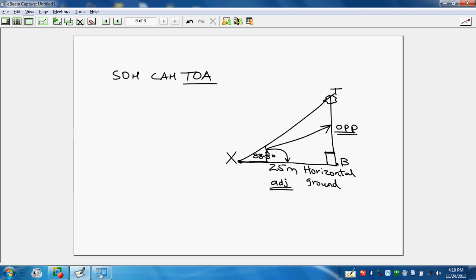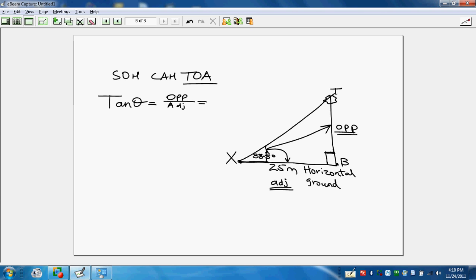Sine doesn't relate opposite and adjacent. Cosine does not relate opposite and adjacent. Only tangent does. So this is the ratio, the trigonometric ratio we will use. So we write tan theta will be opposite over adjacent.